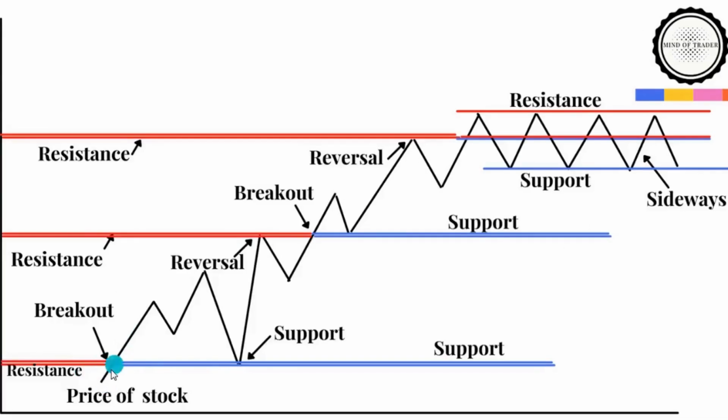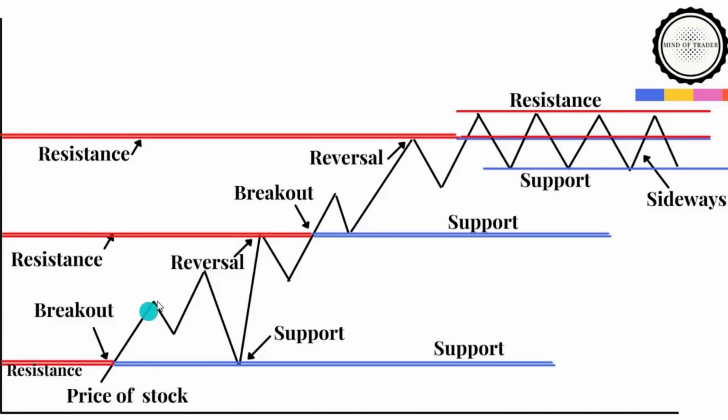So now let's try to put all three scenarios together and try to read the chart. Let's imagine this is the price of a stock which is trying to go up, and it manages to give a breakout from this resistance. Why has the breakout happened? Because there were more buyers in the market than sellers.